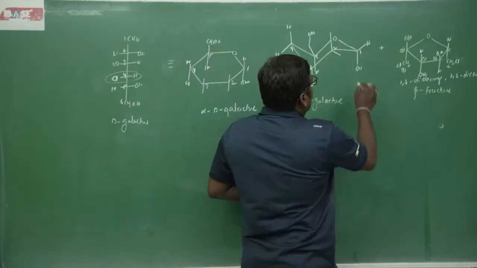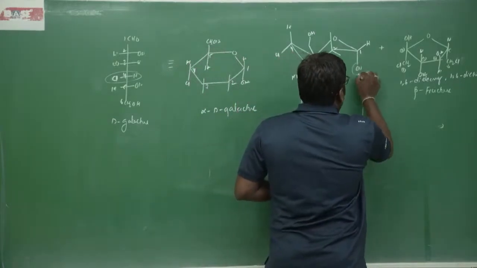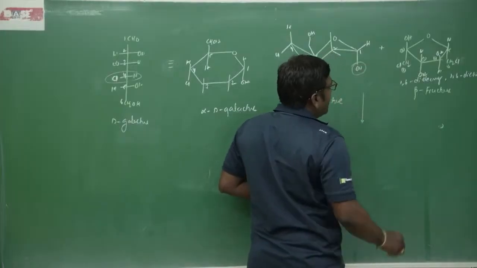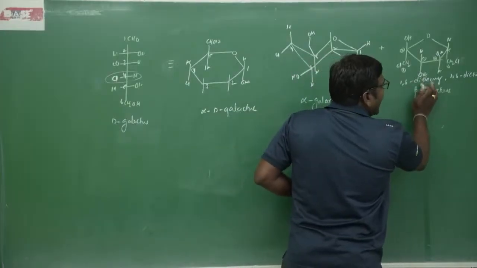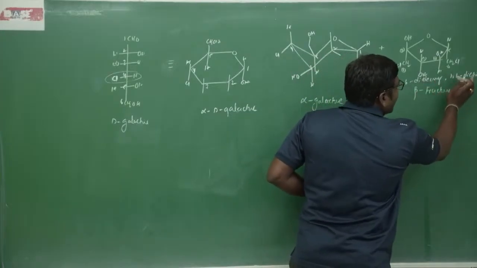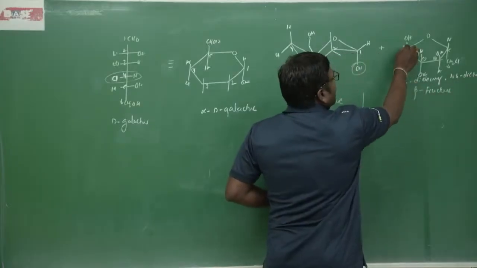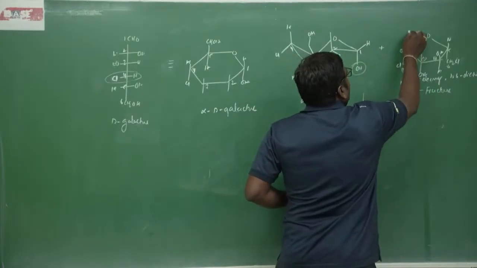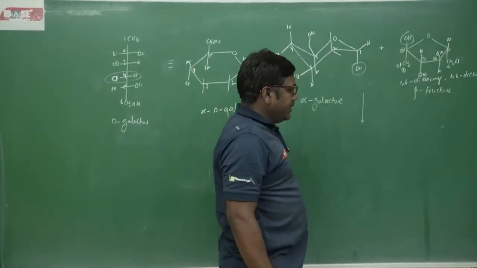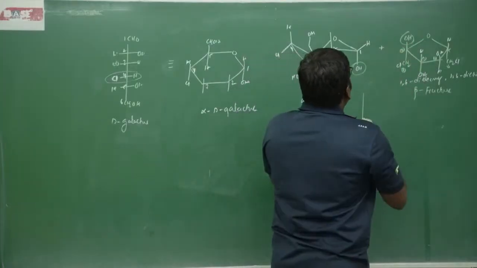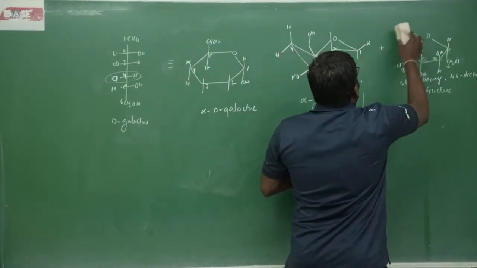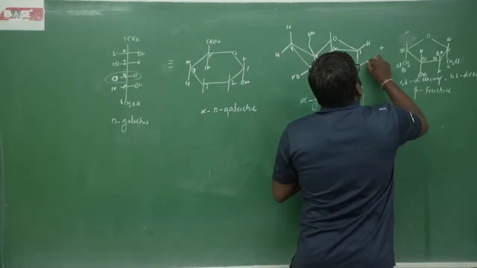The first carbon OH, from this carbon OH, and from the 1,6-dideoxy 1,6-dichloro beta fructose, the second carbon. So a water molecule is lost from these, and then we get a new bond between them.